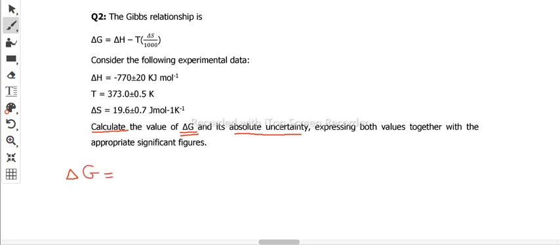So I'm going now to apply the rule. So delta Gibbs, I will take the numbers which are the delta H, the temperature, and delta S, and I'm going to substitute. So I have negative 770 minus the temperature, which is 373.0, multiplied by the entropy, which is 19.6, divided over 1000.